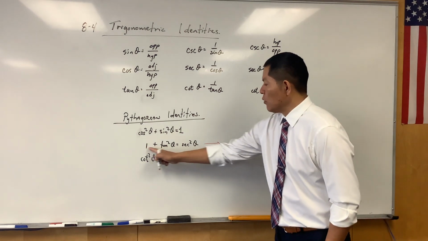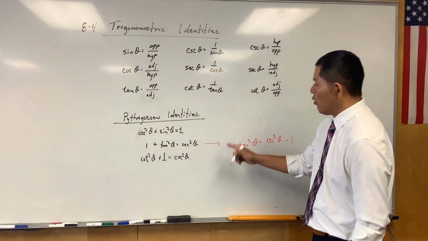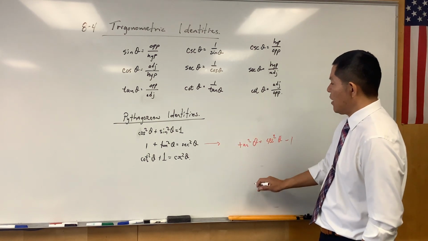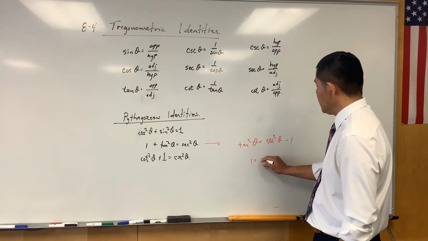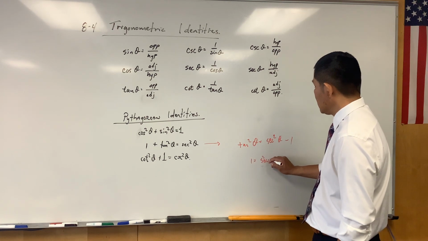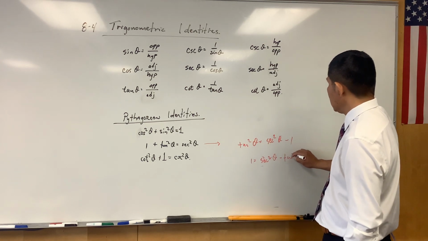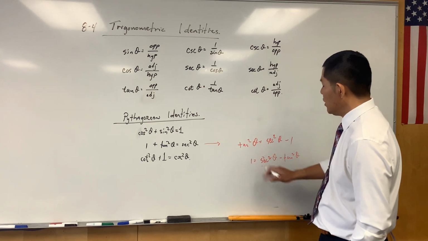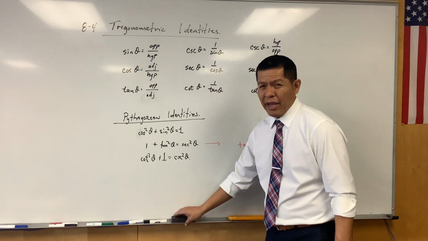Because we subtract 1 on both sides, so we're solving for tangent, right? Or if we go to the other side, we could say 1 is equal to the secant squared theta minus the tangent squared theta, right? So we can write this identity in a couple different ways.